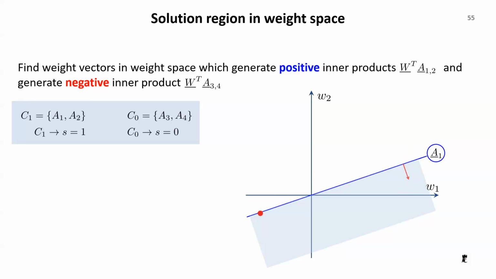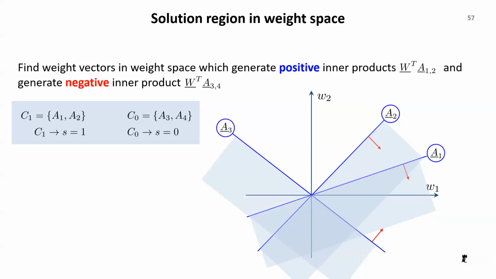So the shaded region is the solution for point A1, right? So the shaded region is in the same direction as the orientation. Now, if we go to point A2, A2 also we want to have a positive inner product. So the solution is on the same side as the one pointed to by the orientation.